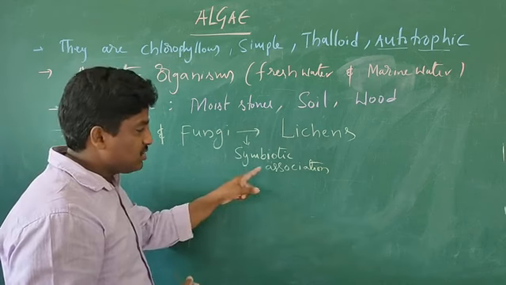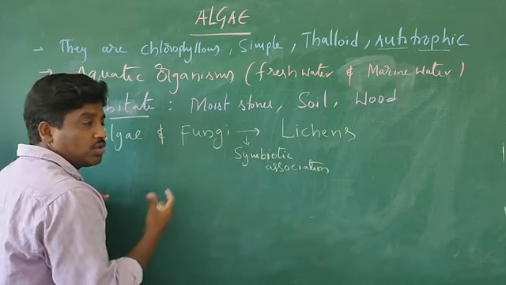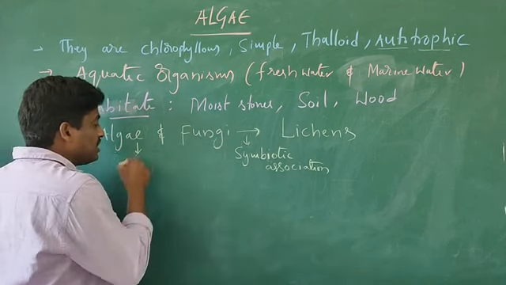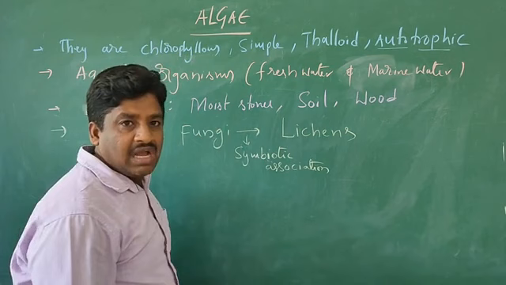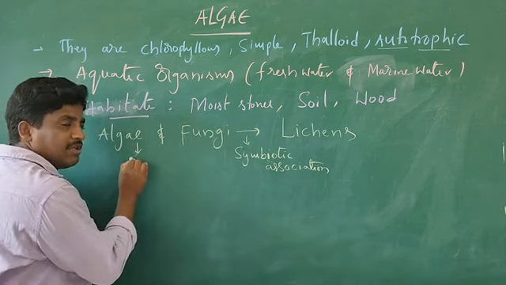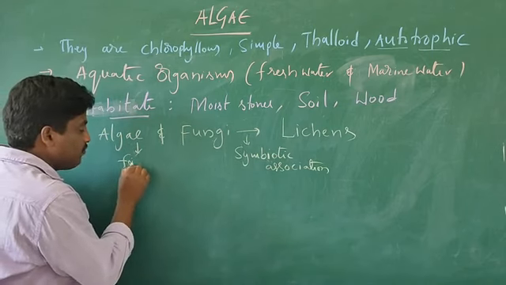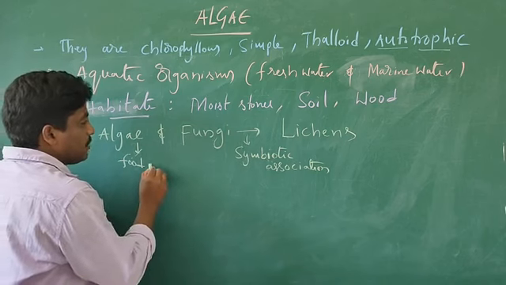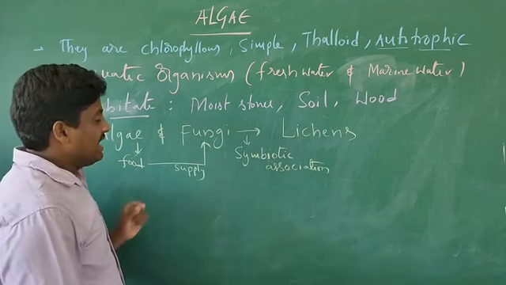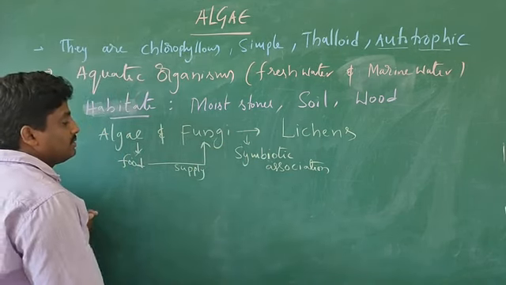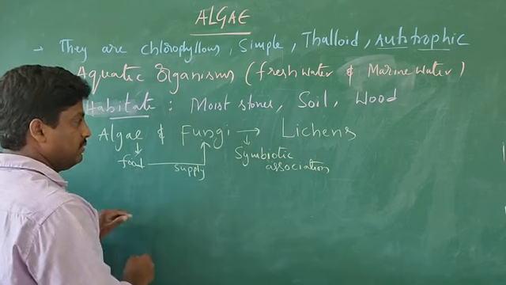The algae help the fungi, and the fungi help the algae. Algae are green color, chlorophyllous, autotrophic organisms, which prepare their own food. This food is supplied to fungi. And what does the fungi supply to algae?